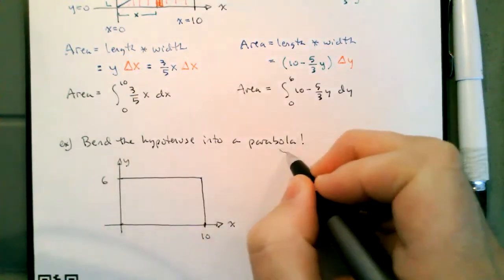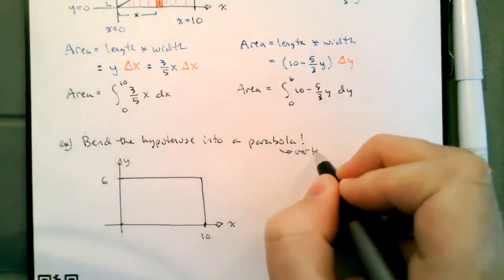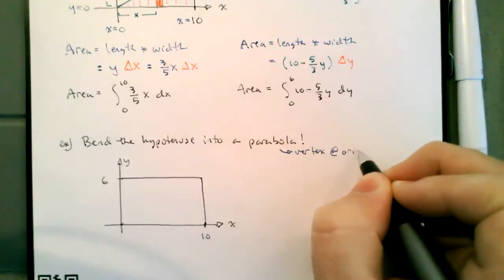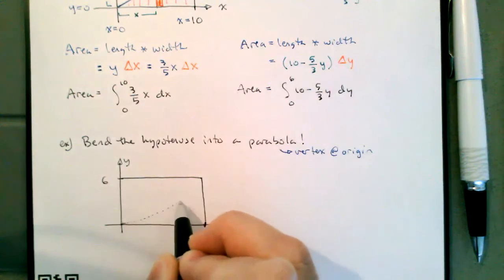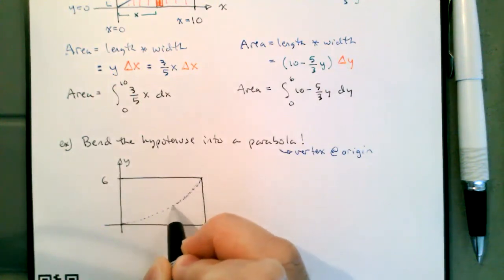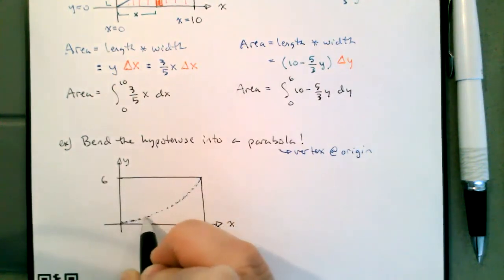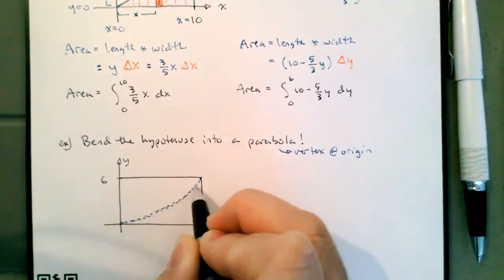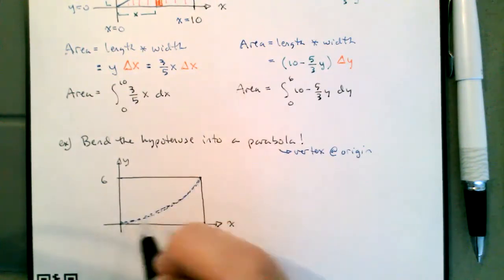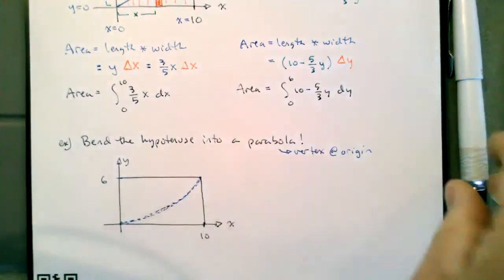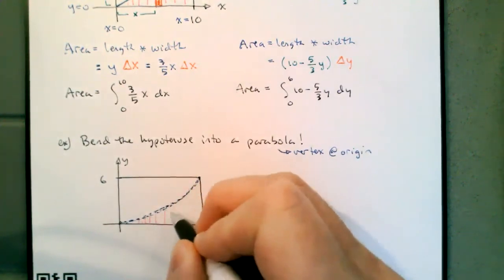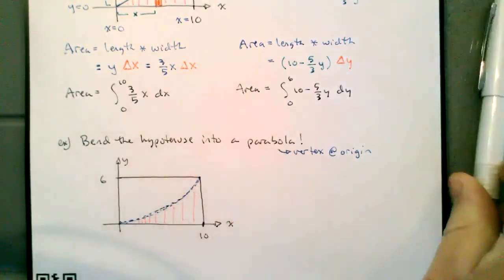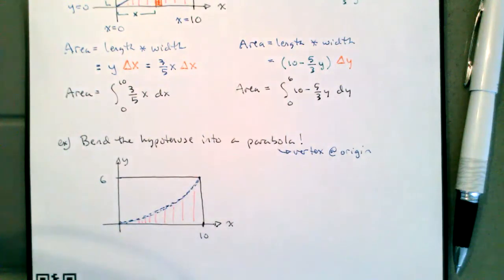I'm going to put the vertex at the origin. And let's suppose I still want this region below. Now the bottom half is different than the top half.